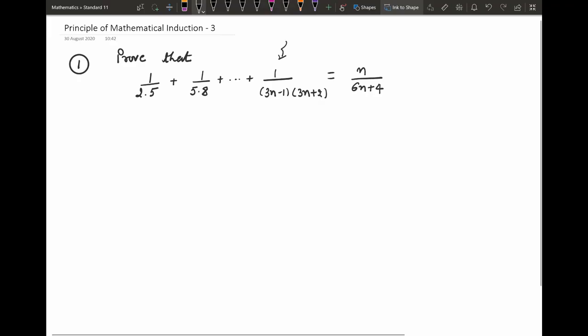According to principle of mathematical induction, first we denote statement by P of n.